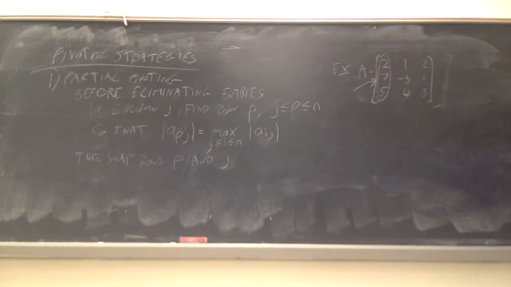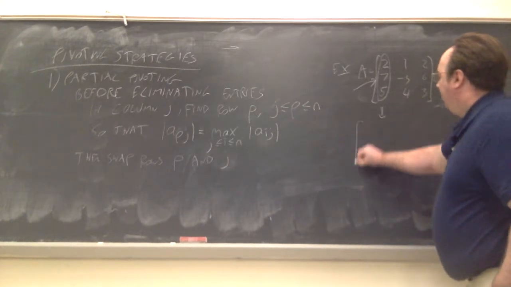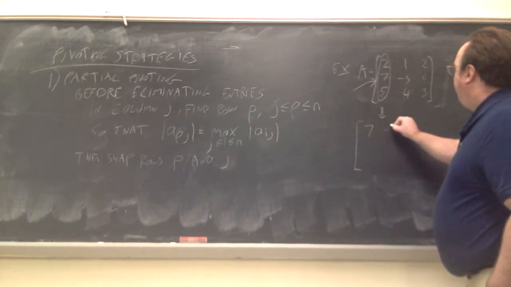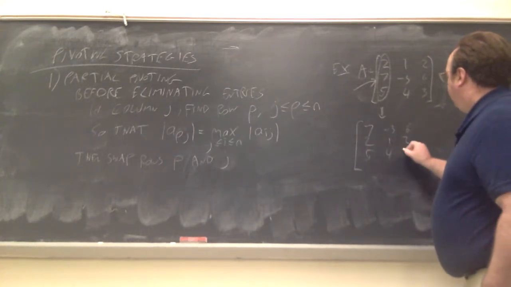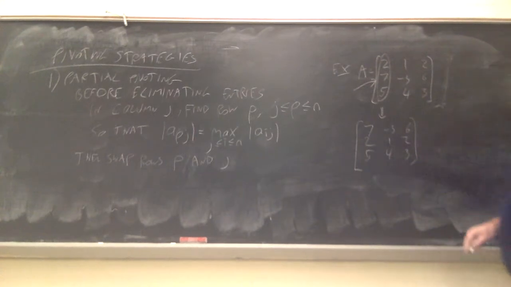So now you're going to interchange rows 1 and 2. So you have 7, minus 3, and 6, 2, 1, 2, 5, 4, 3. Okay, and now you'll proceed with Gaussian elimination.